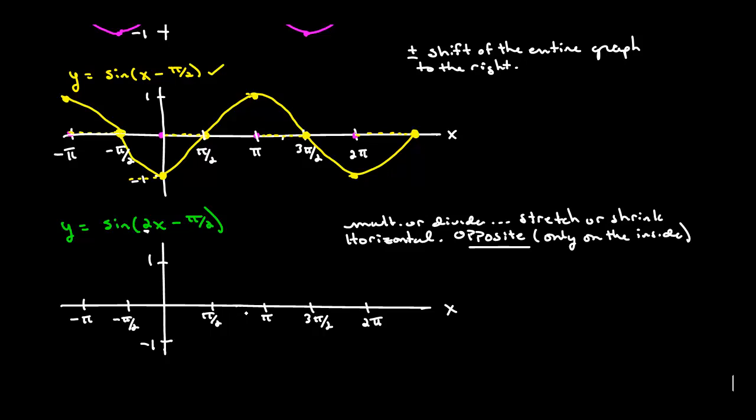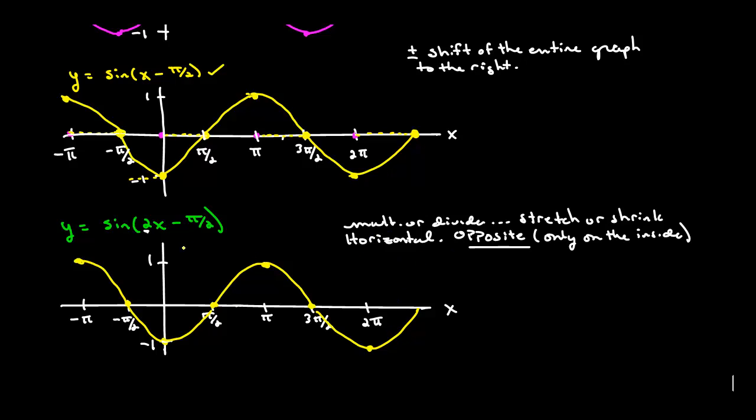So anything that happened at pi will now happen at half of that. So watch, I'm going to graph the yellow one. We'll put the yellow graph in here. Again, I'm trying to make it nice and smooth. That's what it would look like.